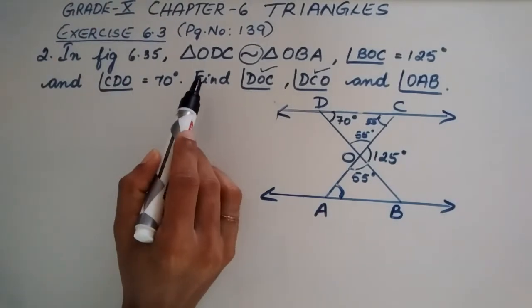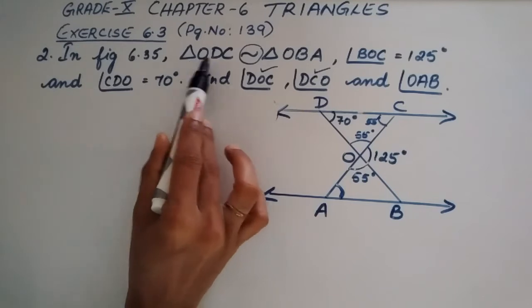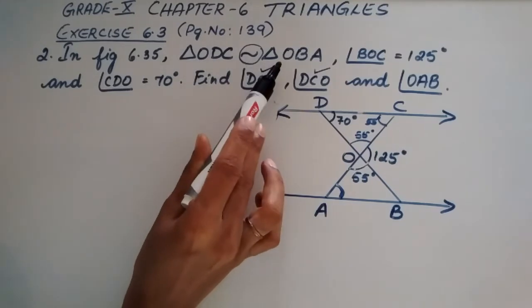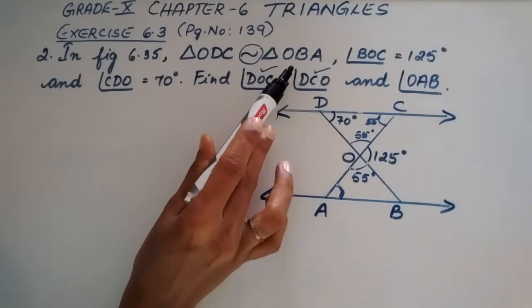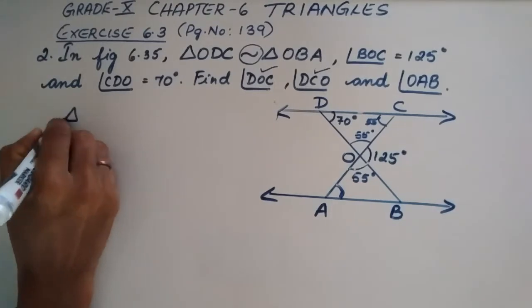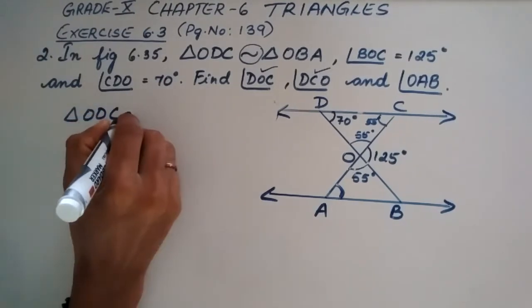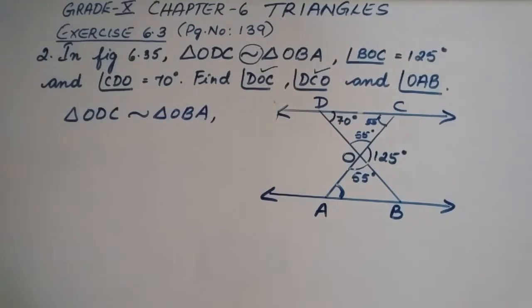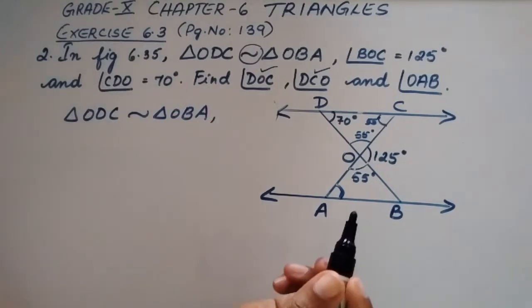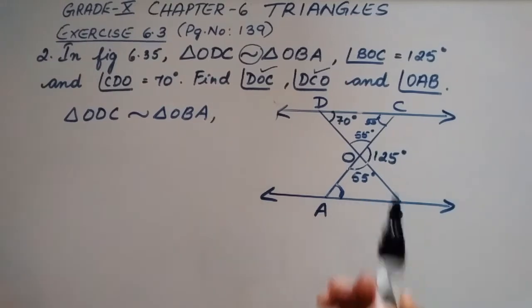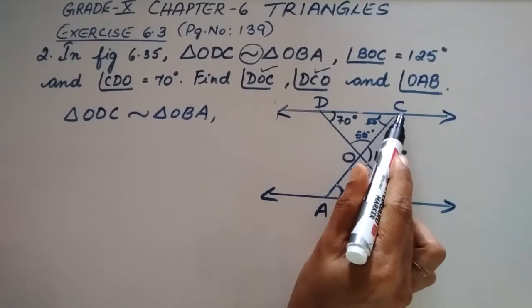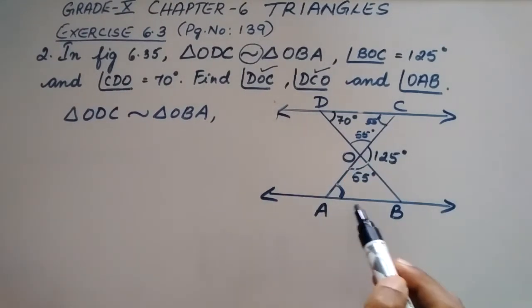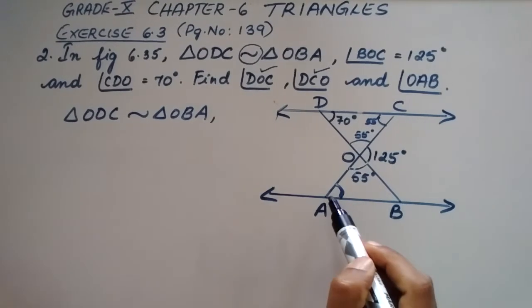Now here it is given that triangle ODC is similar to triangle OBA, which implies that angle ODC is equal to angle OBA.